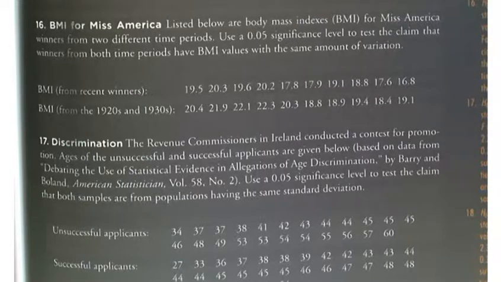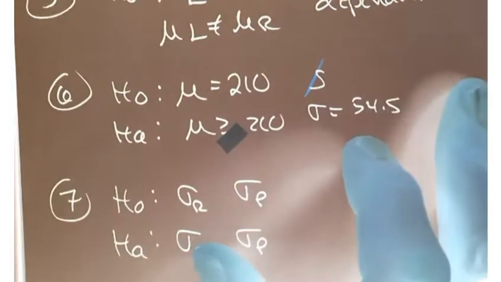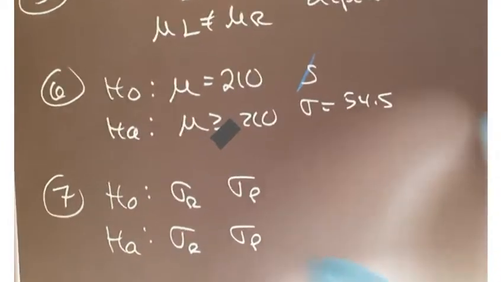How many populations? 2. What parameter? Sigma. All right, so let's see. All right, let me just do this one then.